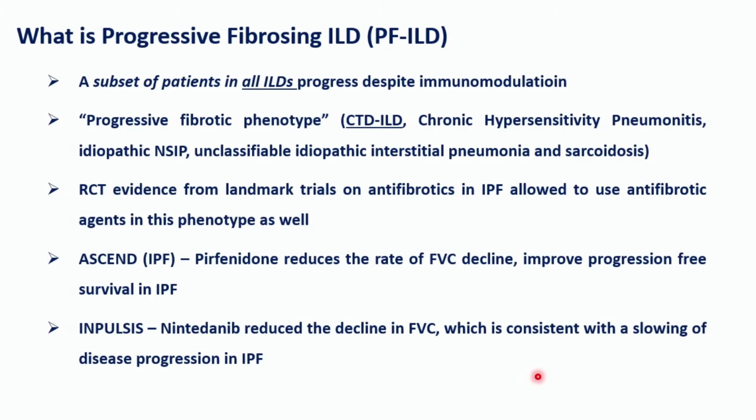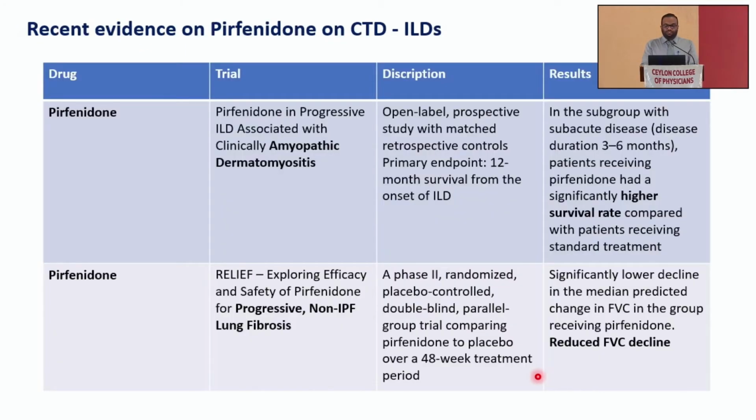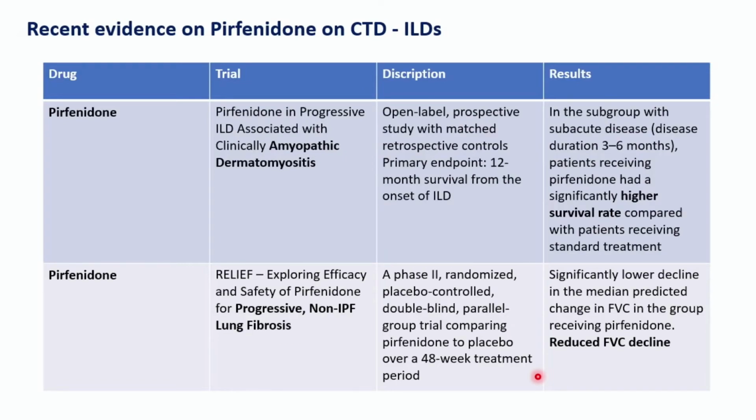The ASCEND pirfenidone trial showed a reduction of FVC decline, and nintedanib reduced the worsening of FVC. And these trials show that pirfenidone in dermatomyositis ILD showed FVC reduction, and pirfenidone in progressive non-IPF lung fibrosis also showed reduction in forced vital capacity decline.